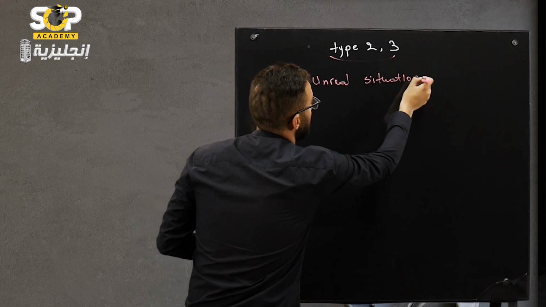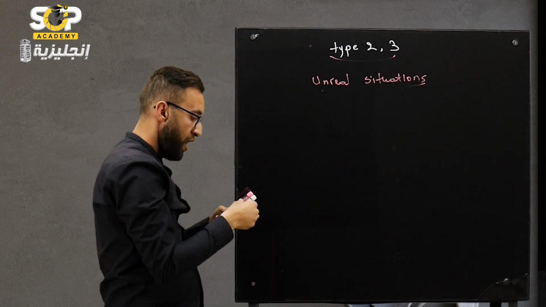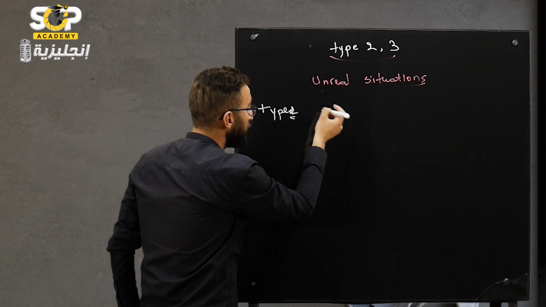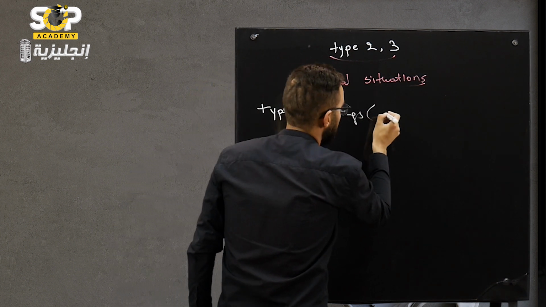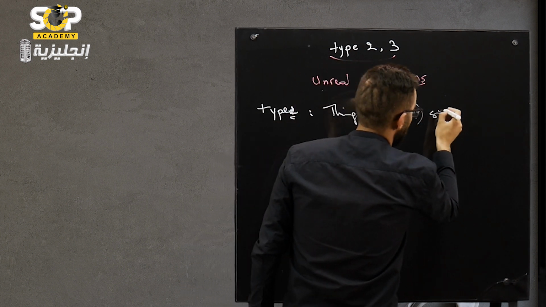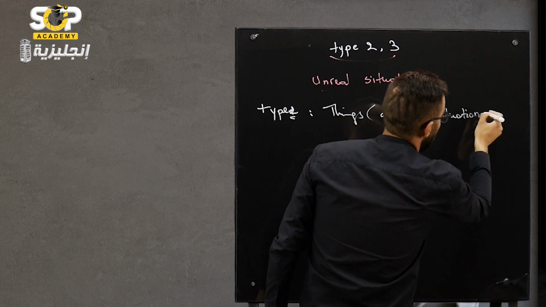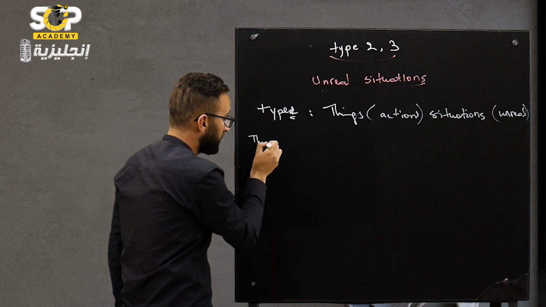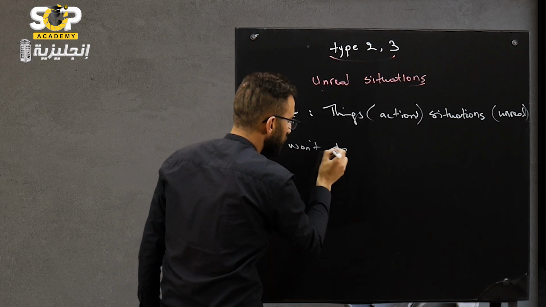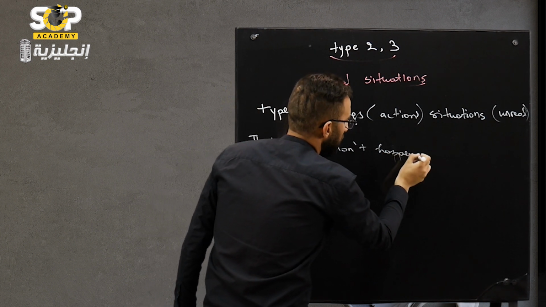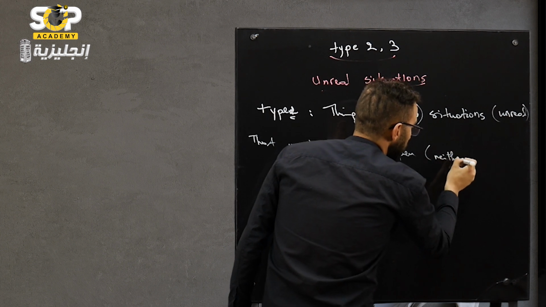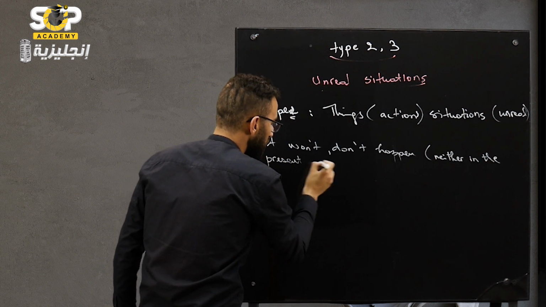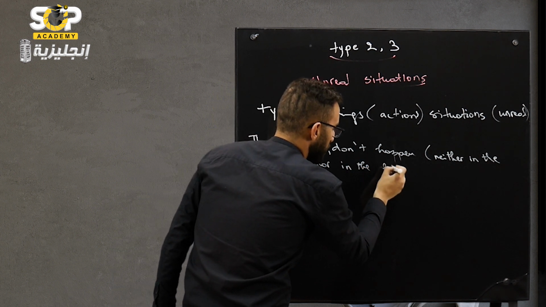In type 2, we're going to discuss things, actions, or situations which are unreal, and that won't or don't happen, neither in the present nor in the future.